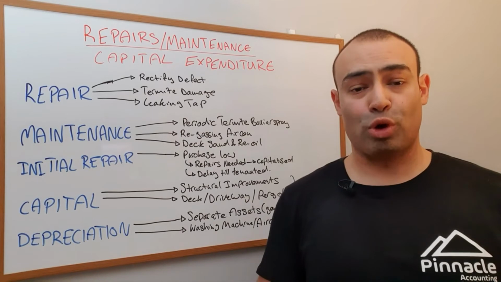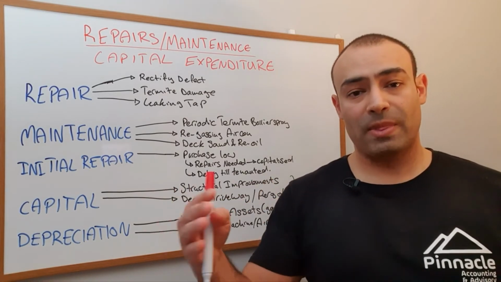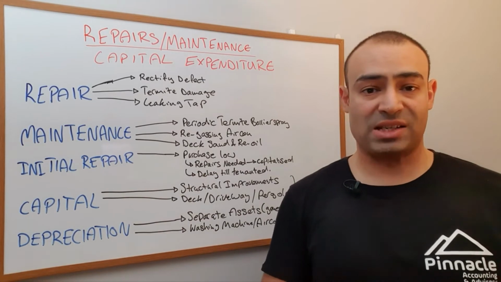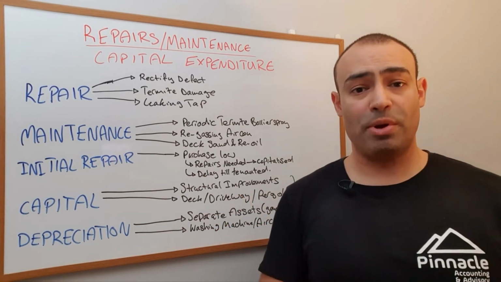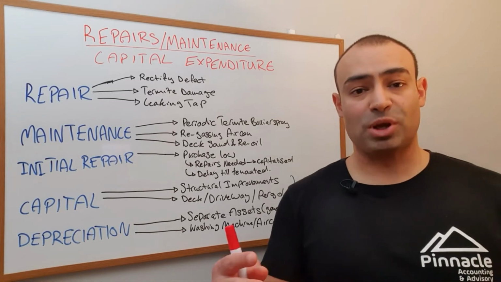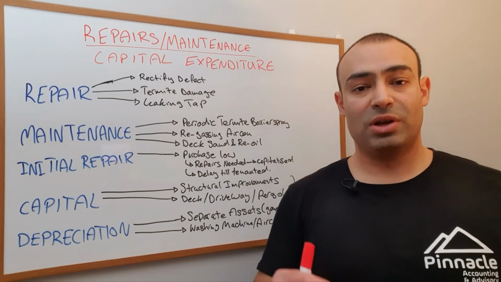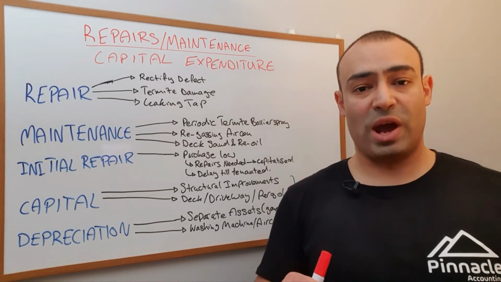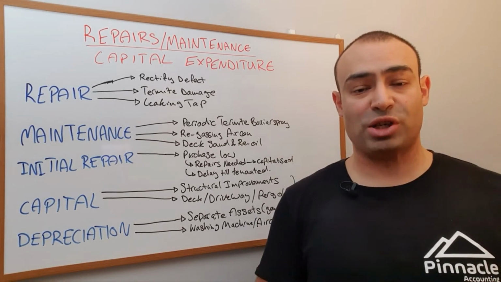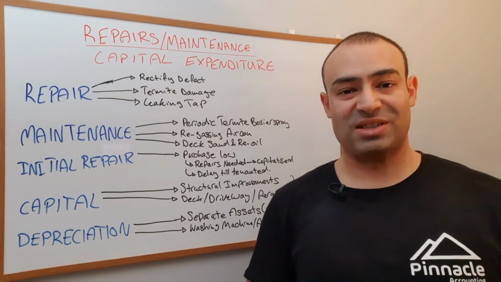And so with capital costs, they need to be depreciated over the life of the asset. Now, depending on the type of the asset, sometimes it might be 40 years, sometimes it might be significantly less than that. And that's where you need a depreciation report, which we'll touch upon in a few moments.